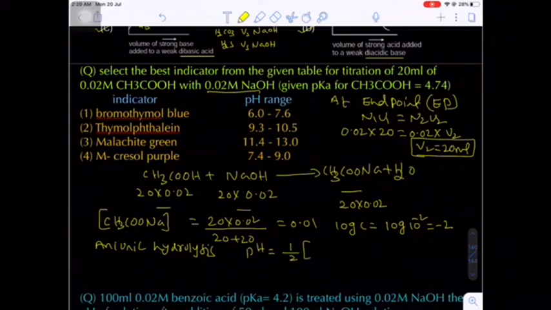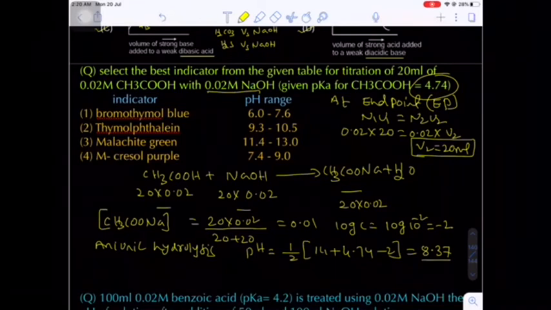Now this is an anionic hydrolysis. In anionic hydrolysis, the aqueous nature will be basic, and the pH of the solution, pH is equal to half into, directly I am writing, pKw, which is 14, plus pKa, and what is the pKa? The pKa value given in the question is 4.74, and log C value, that is minus 2.